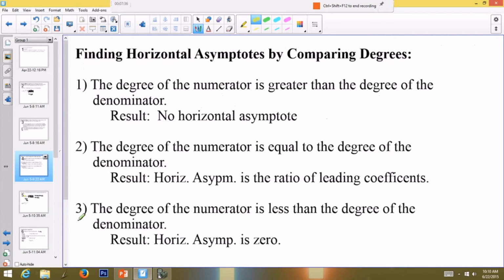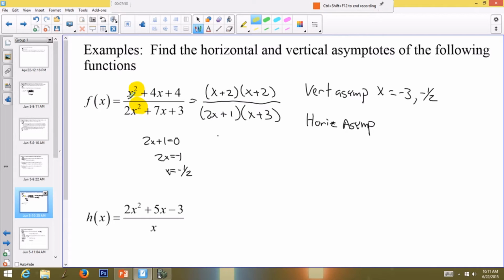So if I go back to my little cheat sheet here, if the degree of the numerator is equal to the degree of the denominator, then the horizontal asymptote is the ratio of the leading coefficients. So my leading coefficients are going to be 1 and 2. So my horizontal asymptote is going to be 1/2. Now we can look at that fairly easily.